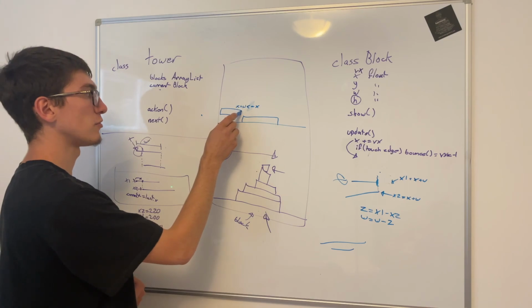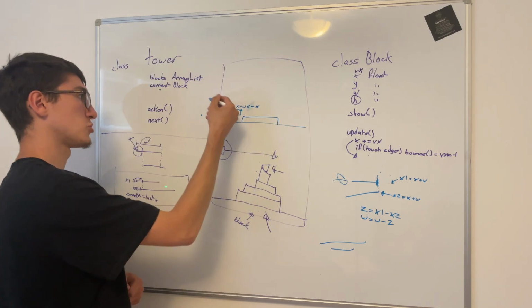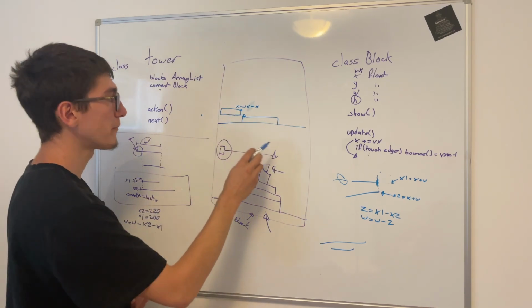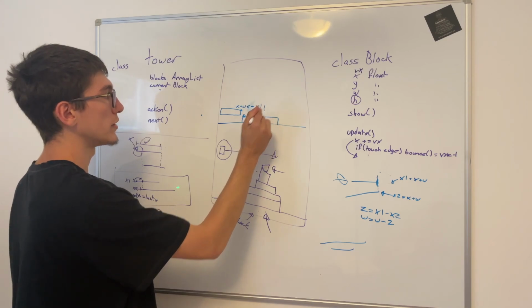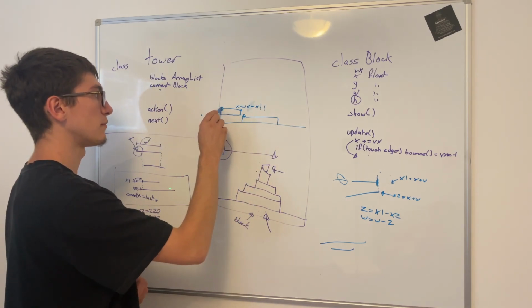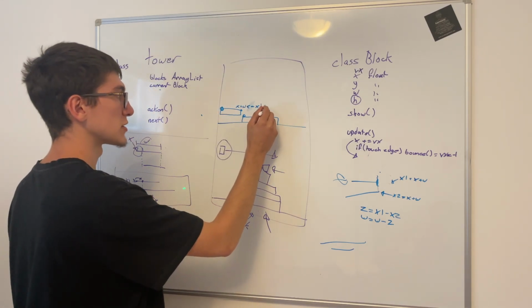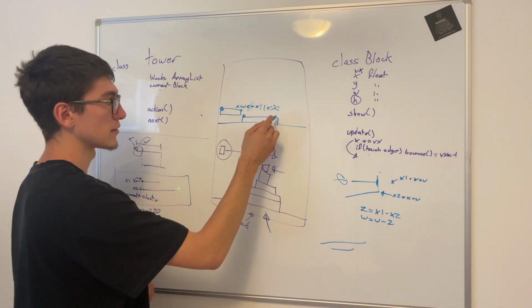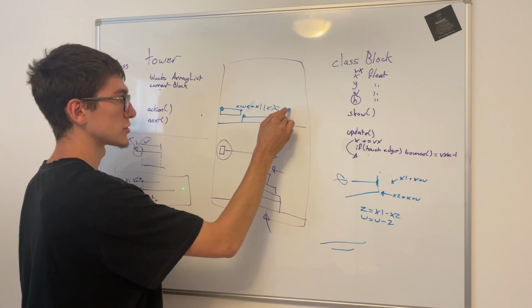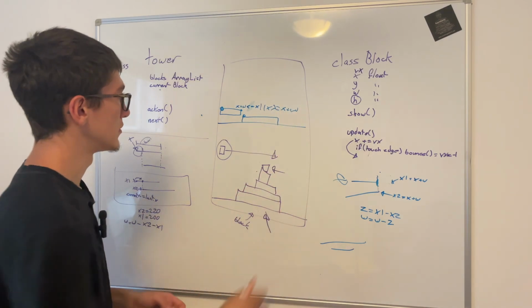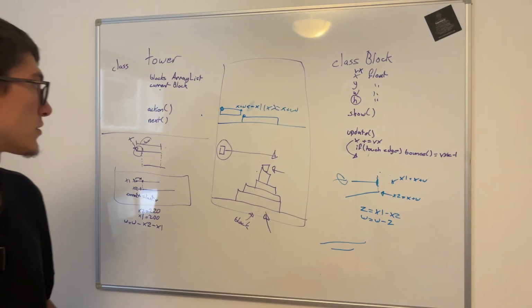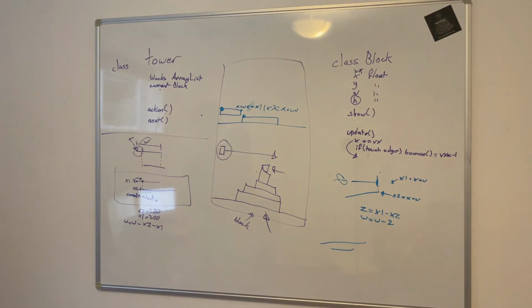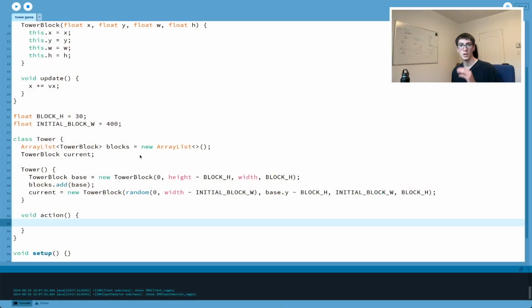So if this point here is smaller than this point over here, or in the case that this point here, which is just x, is greater or equal, let's say again, to x plus w, right? Not a beautiful w, but yeah, that's the whole idea. Let me get back. All right.